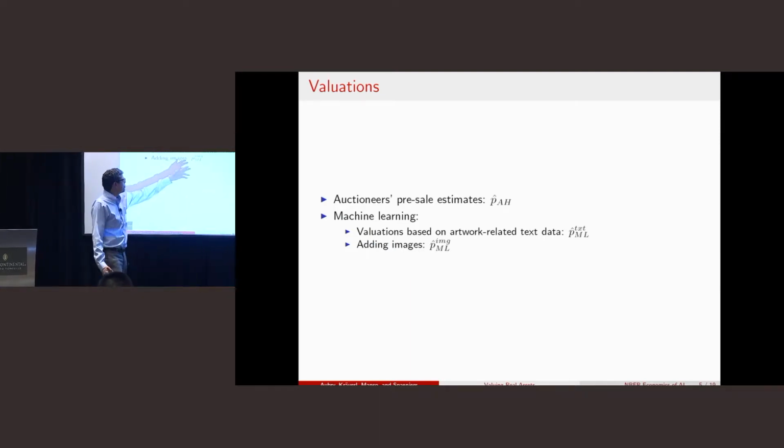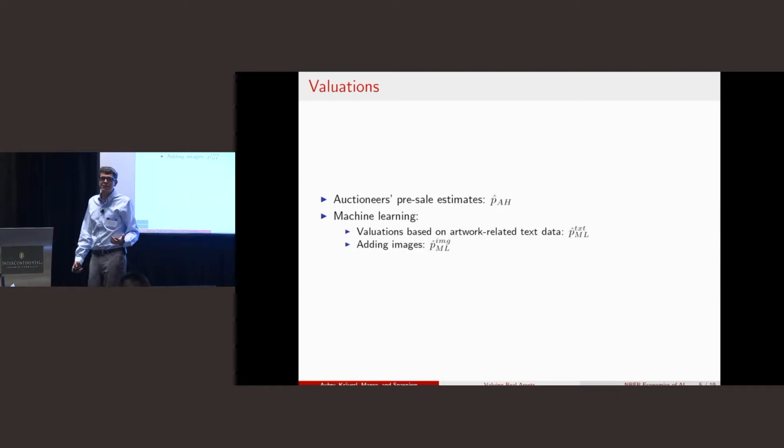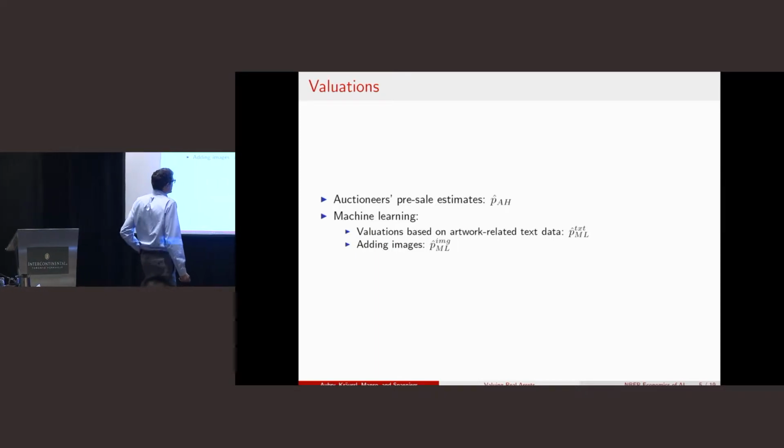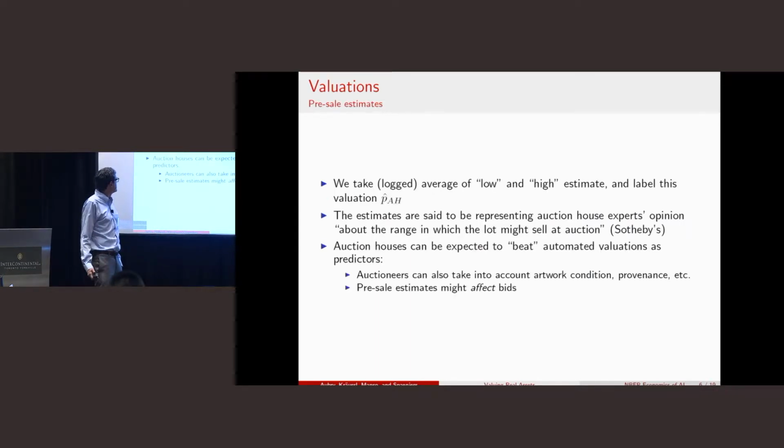Then we're going to have estimates from machine learning. The first estimate only uses the text information, like the size of the painting and the artist. Then we're going to add the image to our estimates, and that's going to be the P hat IMG machine learning.